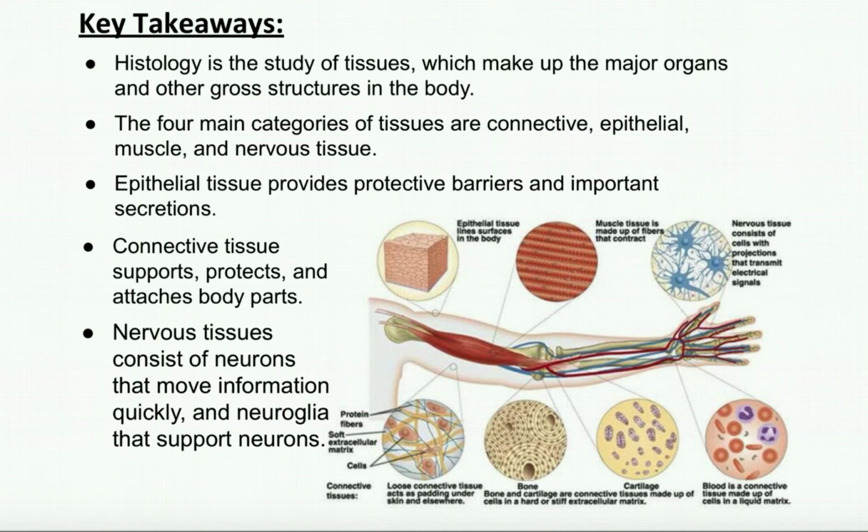All right, key takeaways. Histology is the study of tissues. The four main categories of tissues we reviewed today were connective, epithelial, muscle, and nervous. The big thing with epithelial is protecting and creating barriers for protection and creating secretions. Connective tissue is all about support, protection, and attachment of stuff, while nervous tissue is about communication through electricity to control your body.